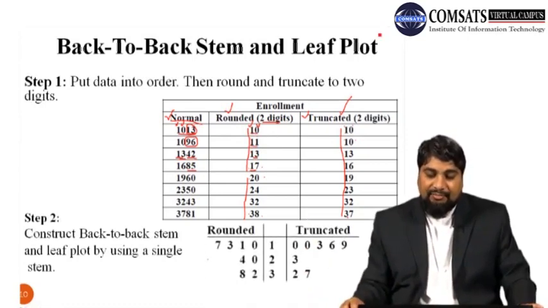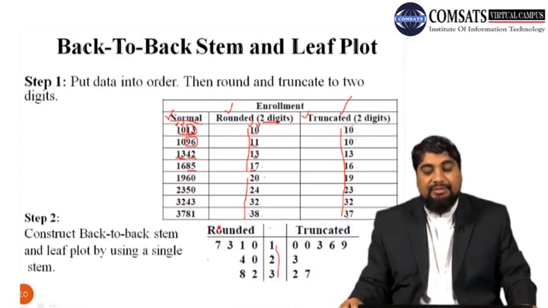So here is the back-to-back stem and leaf plot. In the middle we can see that these 1, 2 and 3 are our stems. On the left hand side we have the leaves for the rounded numbers. So 1 is the stem, and this 0 is the first leaf.